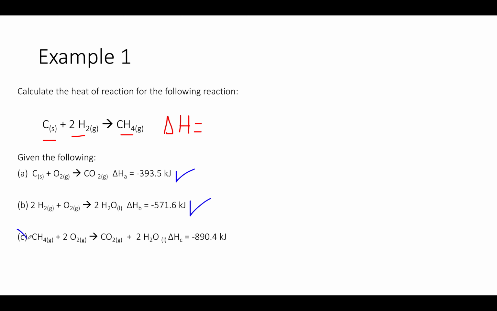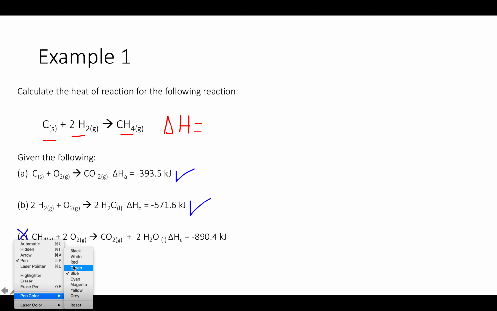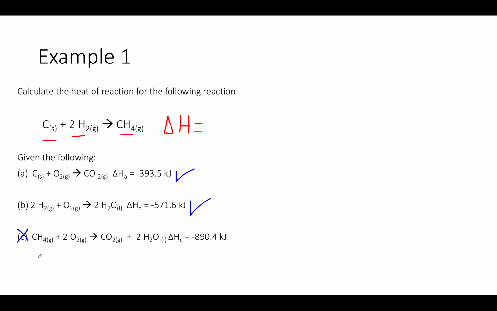So when we flip it, what we get is carbon dioxide plus 2 moles of water form methane gas. So now methane's on the product side, and 2 moles of oxygen gas.